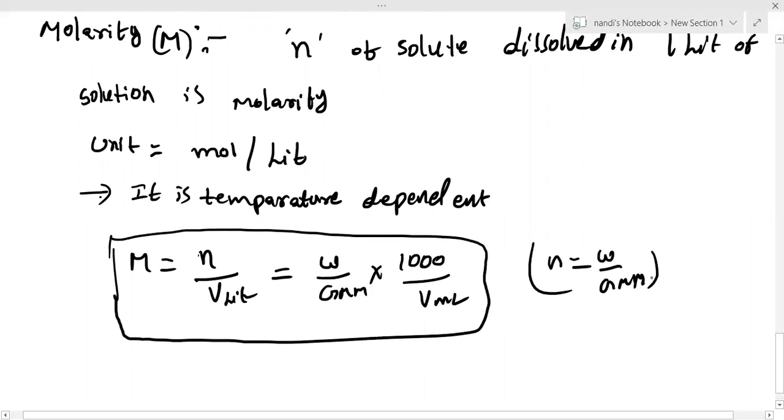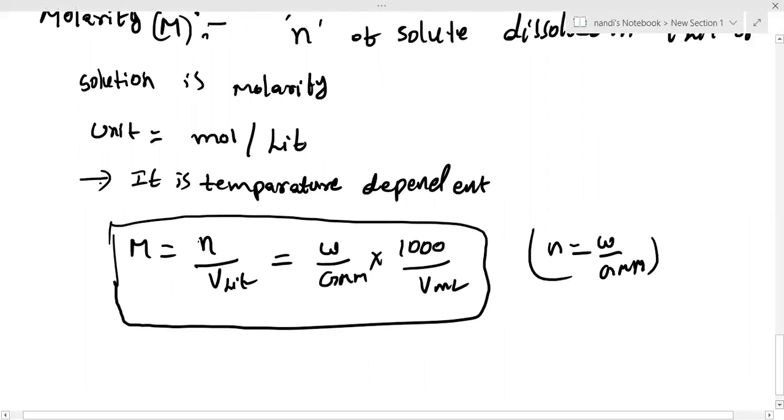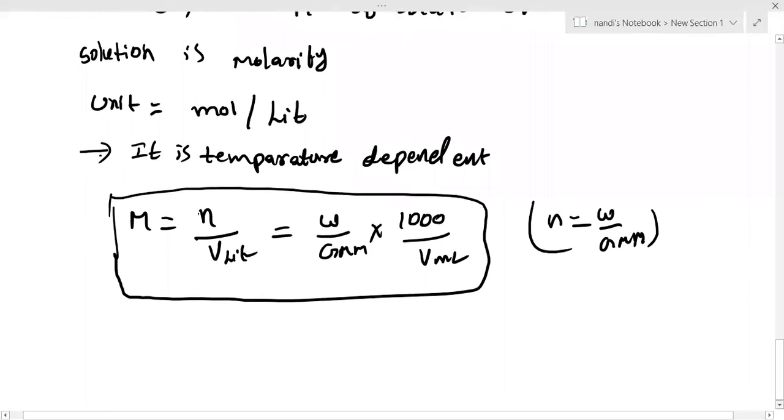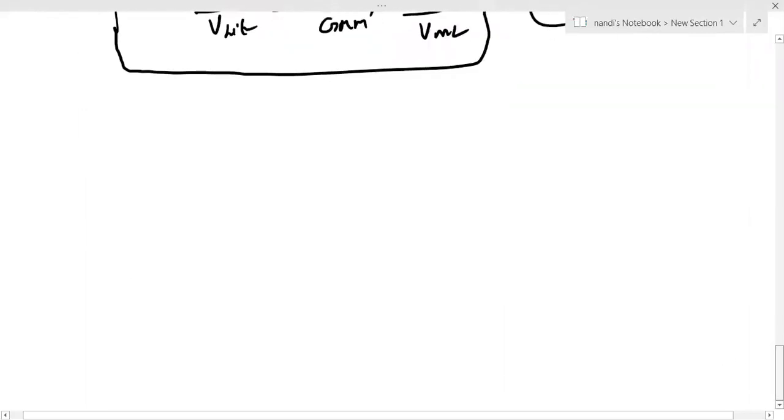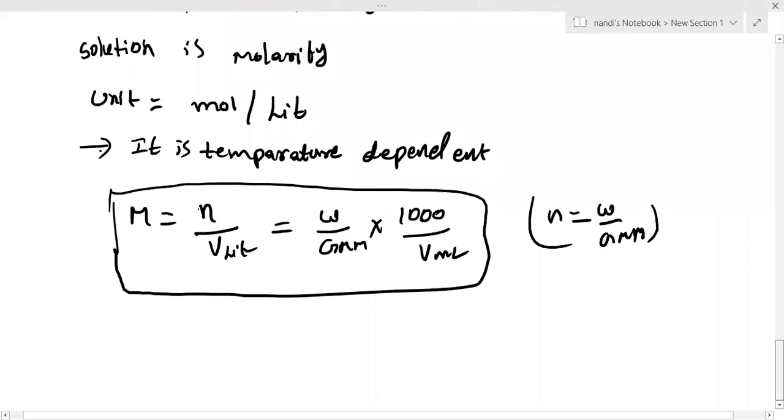Now we can write molarity in terms of strength of solution, W by W percent and W by V percent also. Molarity equals W by V ml into 1000 by gram molecular mass. Nothing is changing here.